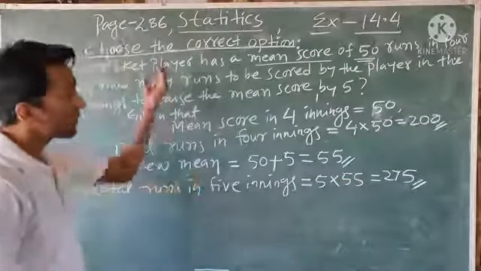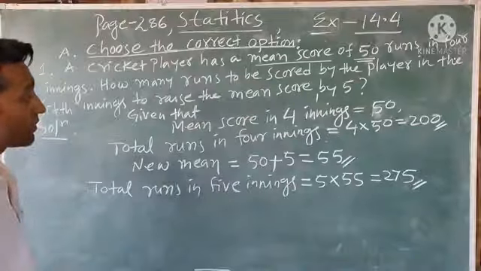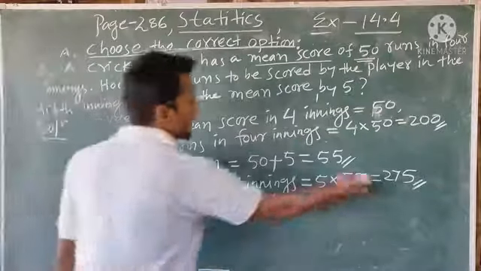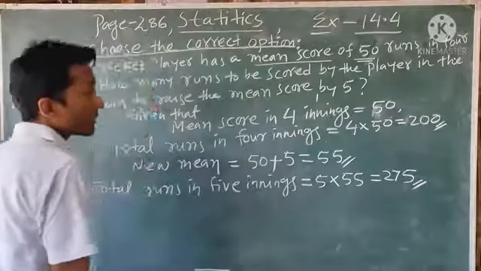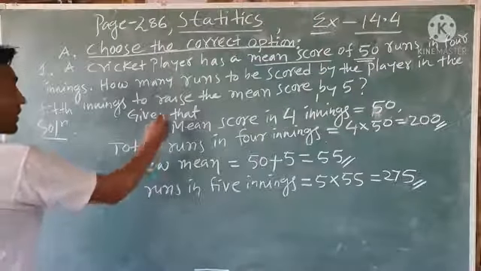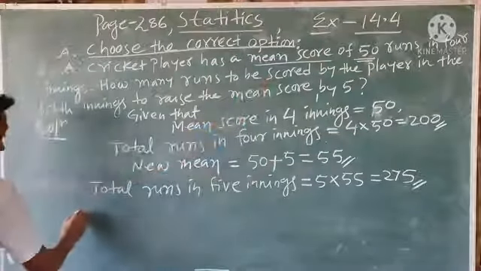That means how much does he have to score in the 5th innings? 275 minus 200.